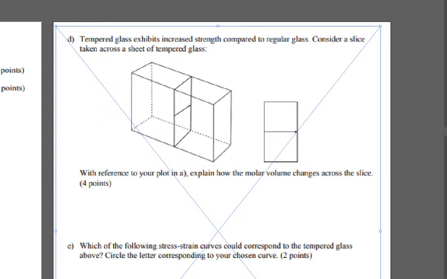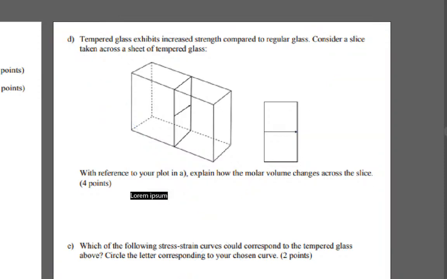So the molar volume would be actually different because at the far end it is cooled very fast, but on the inside it is cooled pretty slowly. So it is not cooled at the same rate. So explain how the molar volume changes.